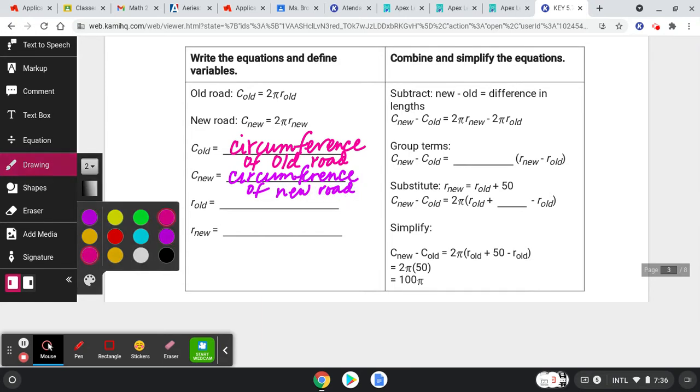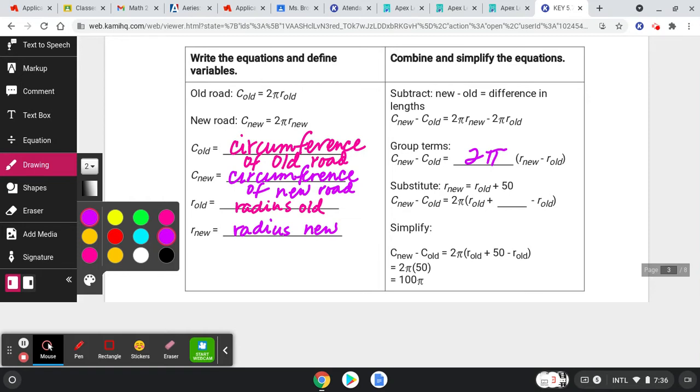The radius of the old, and then we've got the radius of the new. So we're going to subtract the new minus the old, or take the difference in the lengths. And we're going to group the terms here to notice that what we've got in common in the 2 pi r is the 2 pi.